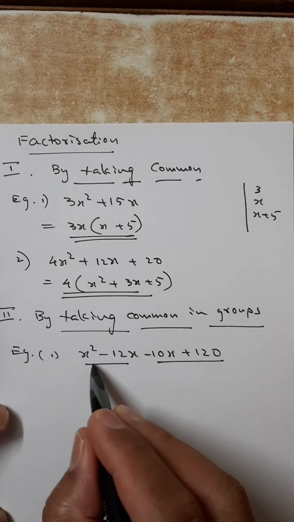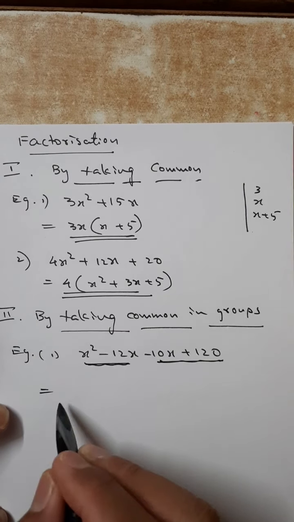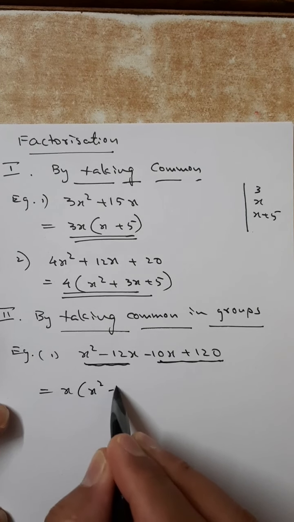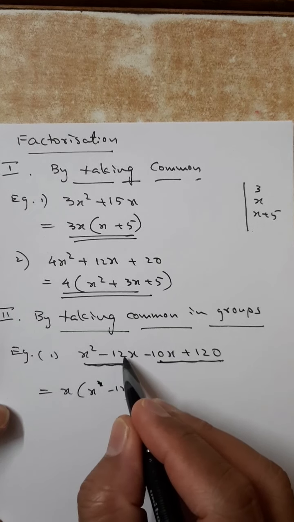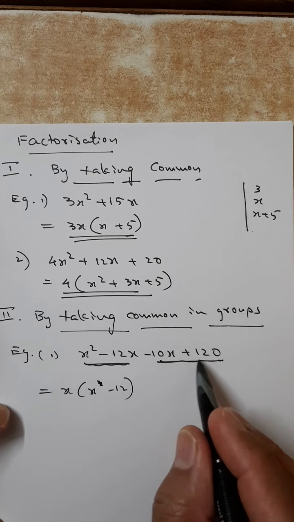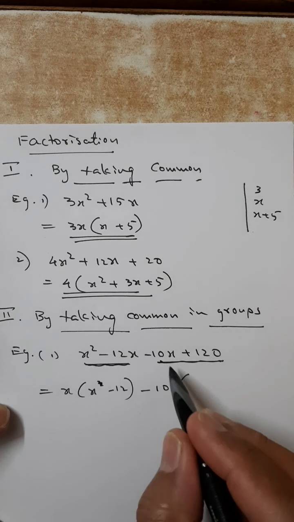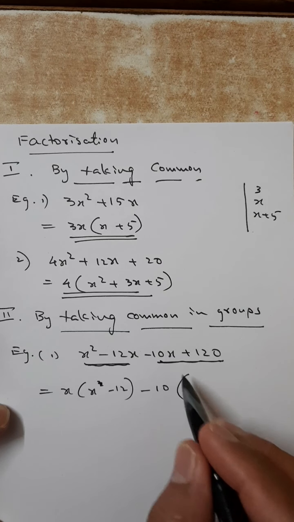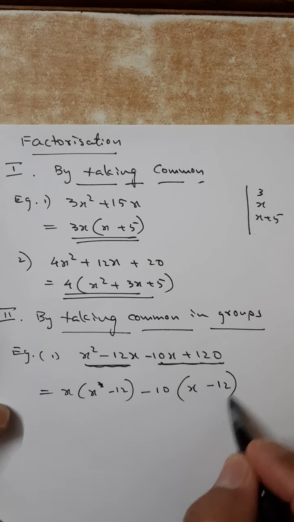See, if I take these 2 and these 2, we can see some common. What is common here? x is common, so x into x minus 12. One x is taken out, so x remains, and 12. What is common here? Minus 10 outside. If I take minus 10 here, the remaining is x, and here the remaining is minus 12, since 10 into 12 is 120.